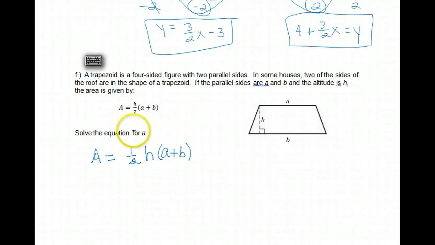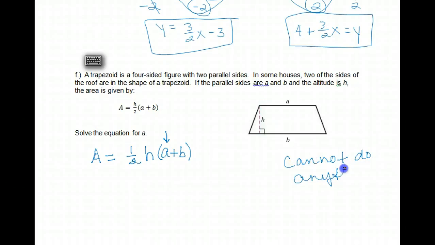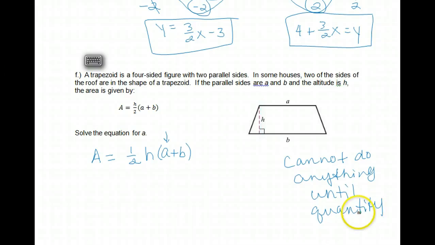Now, we are being asked to solve for A, which is inside a quantity. You cannot do anything until your quantity is isolated. You have to completely isolate that quantity before you can move forward and even think about touching that A.